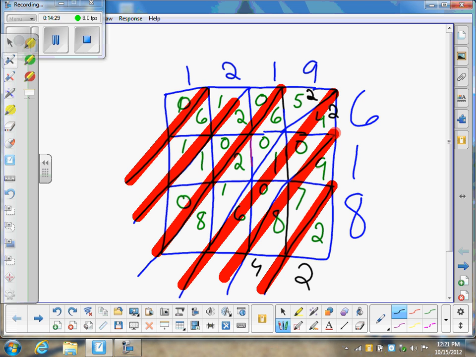All right, so we'll write 13 and carry the 1.